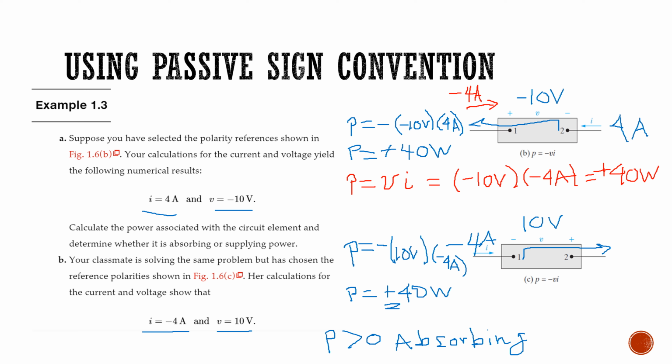Again, we could change the current direction, or we could change the polarity. So if we change the polarity of the voltage, and I should have done the opposite because I don't like to work with negative numbers. And it would give us the same equation, P equals VI, and all these negative numbers.